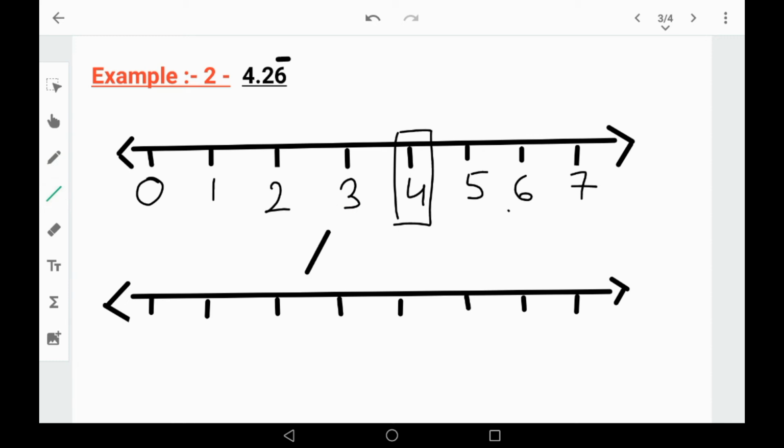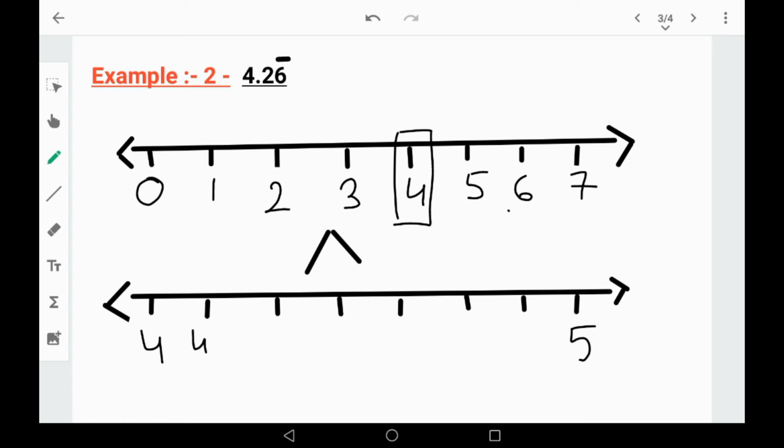This number line is again drawn here, magnified over here. So here I marked 4. Now I have to observe the second digit, that is 4.2. Here I will take 4 and the next number after 4 is 5. So the numbers between 4 and 5 will come in decimals.